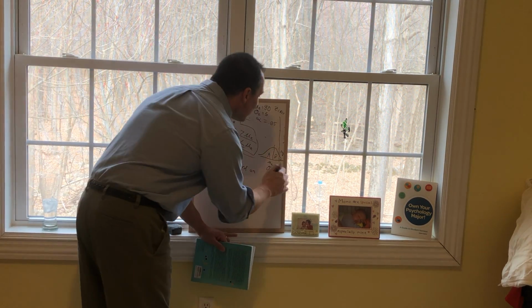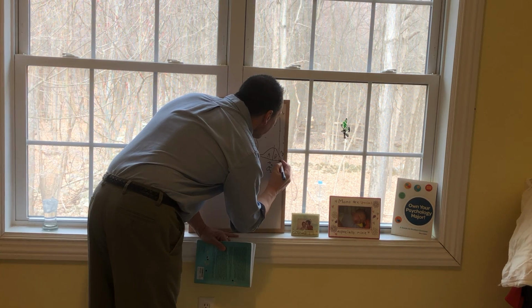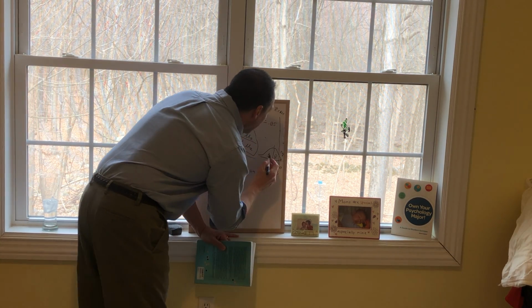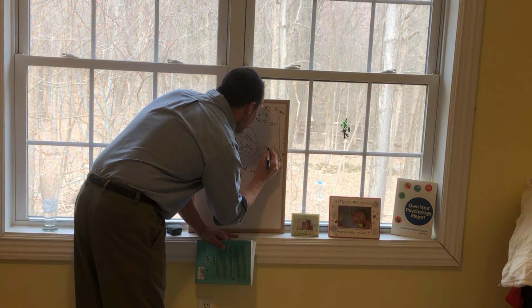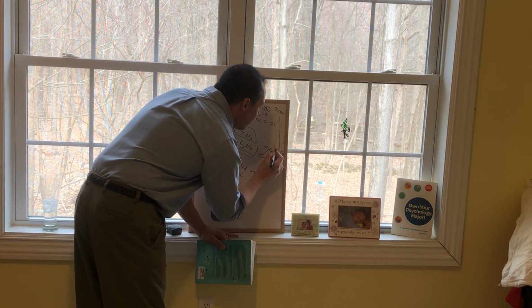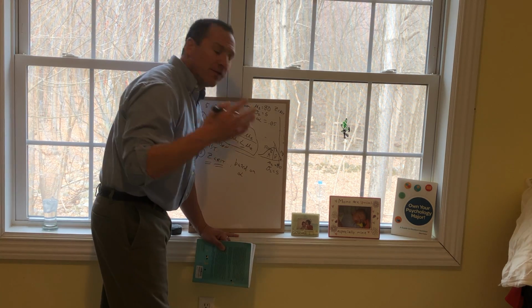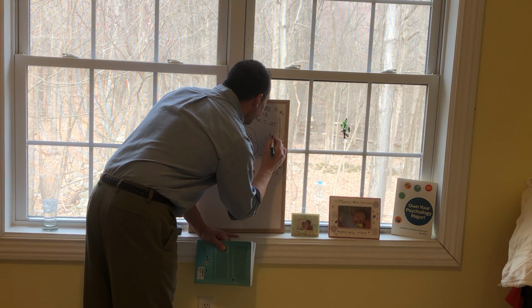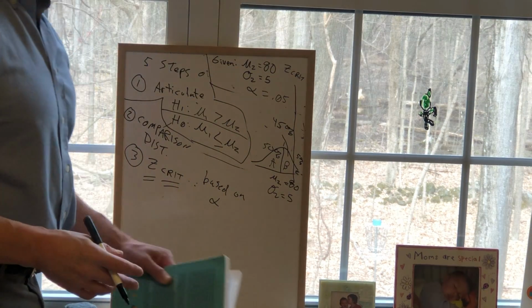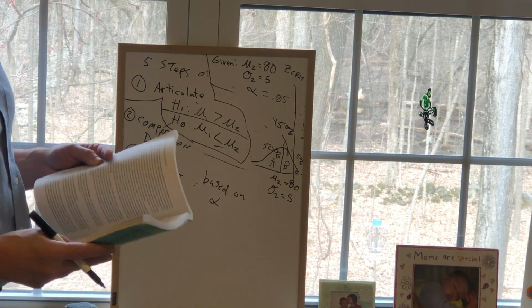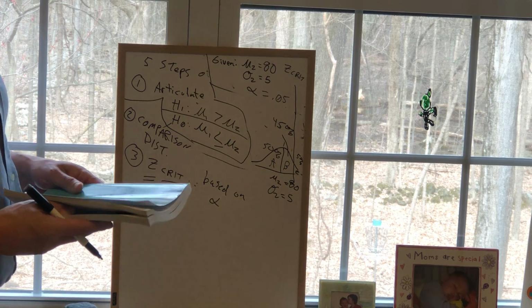If C is 5% of the distribution, and A is half the distribution, so that's 50%, then section B must be 45% of the distribution.